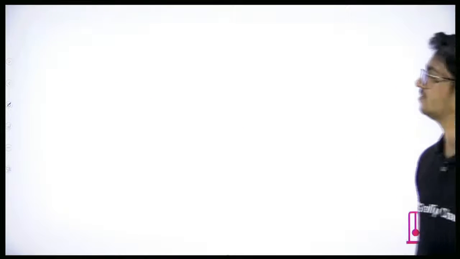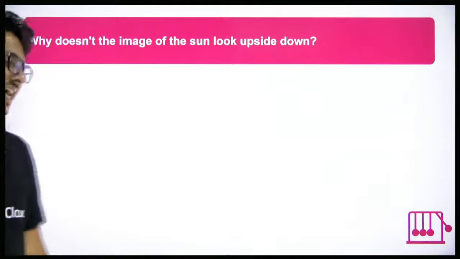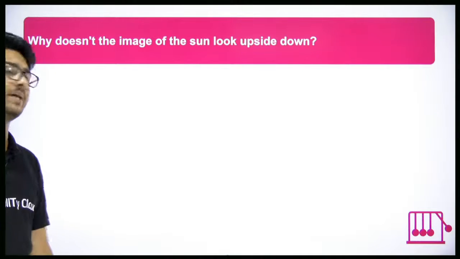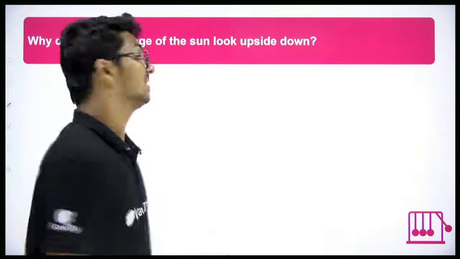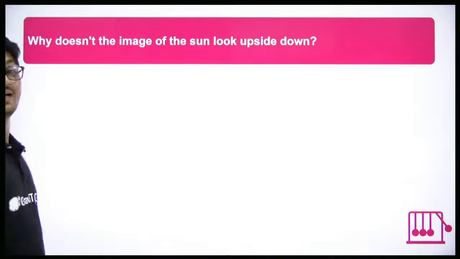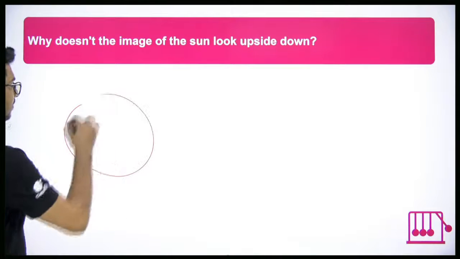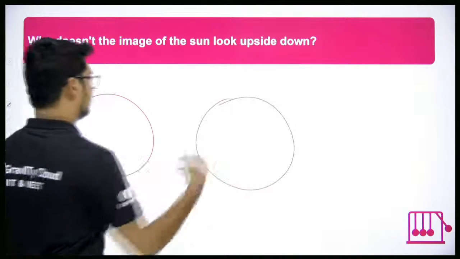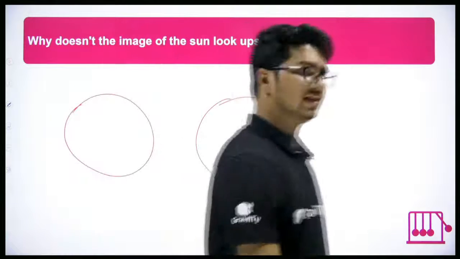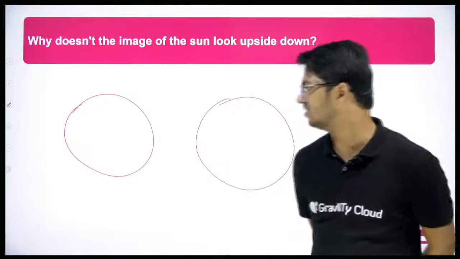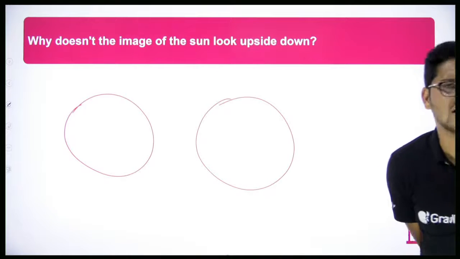Okay, next. Why doesn't the image of the sun look upside down? Because if I use a pinhole camera, I should get it as inverted. Why doesn't it look upside down? Because if I only look at these two circles, and I ask you which is upside down, which is erect or which is inverted, we cannot tell.